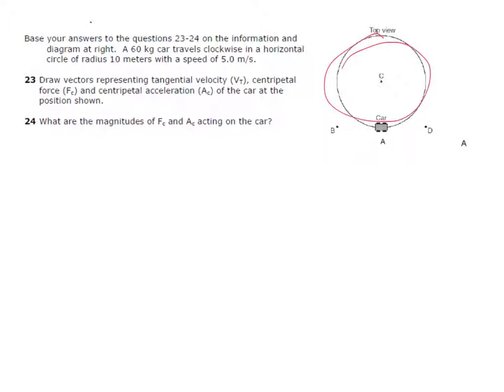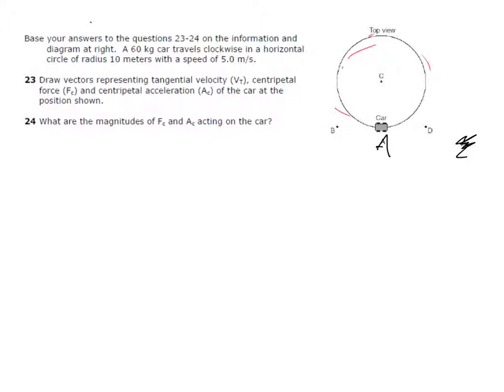On the PDF file, there was an error, and there was a little A over here. But A should be right here. It's the position of the car. So just ignore this little A over here. If you printed the PDF, draw a new A right there. The Word document is fine, but in the PDF, the A got moved somehow.